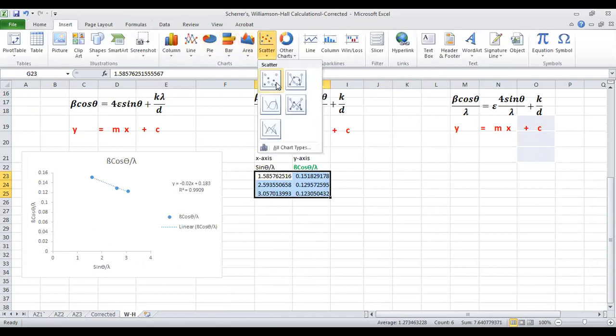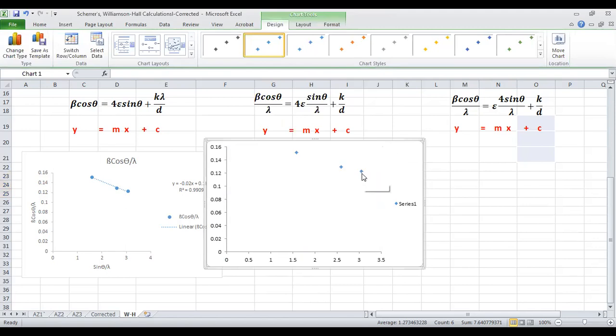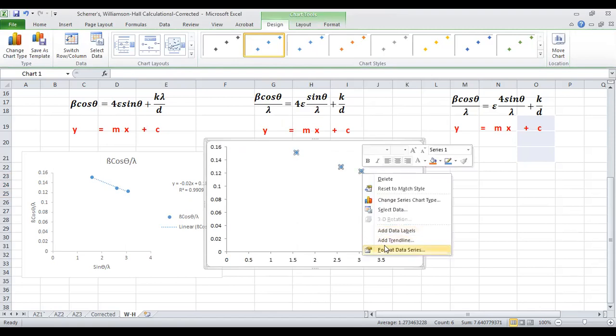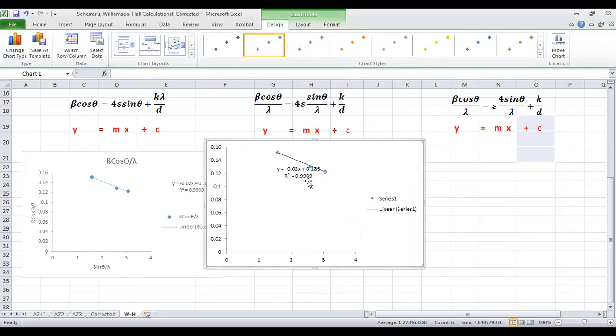You can take the scattered data, and for simplicity you may remove this one, and after this you must go to add trendline, and because this equation has an intercept, when you close it, you will directly get the answer over here.